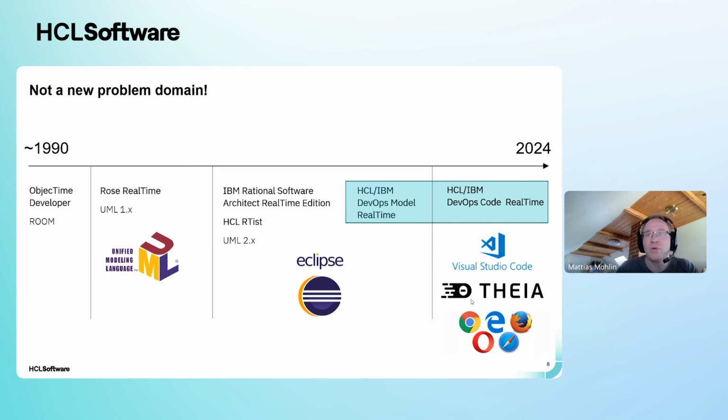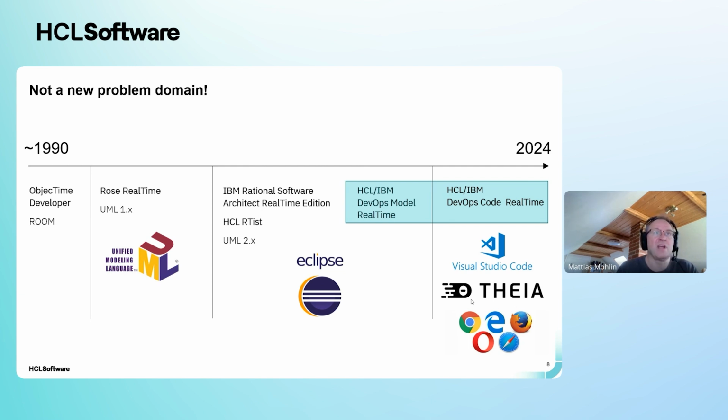The tool I'm going to talk about today, Code RealTime, is actually the fourth generation of a product that started its life in the early 1990s, when a Canadian company called ObjectTime produced a software tool called ObjectTime Developer.